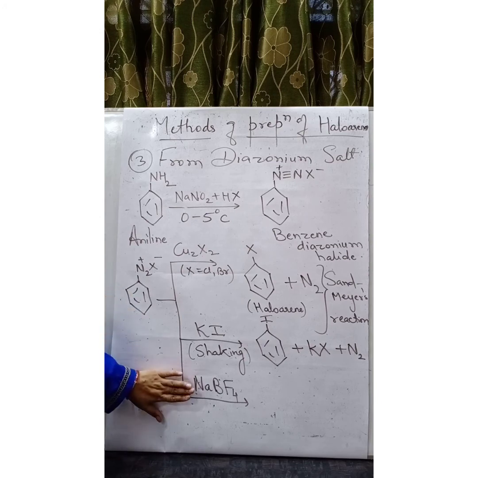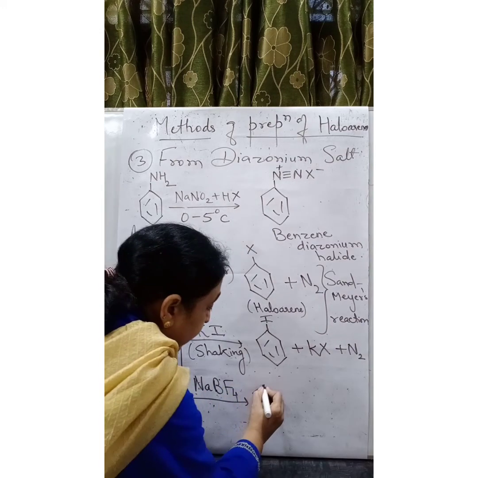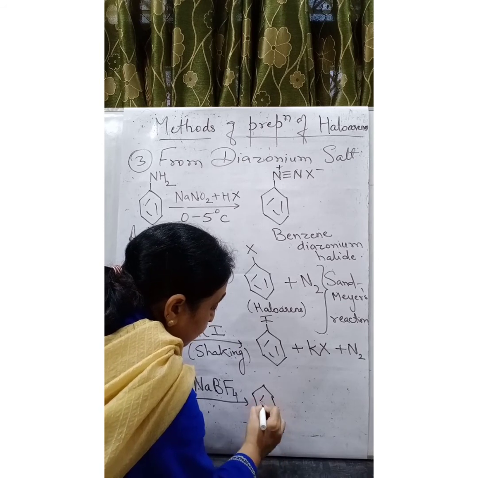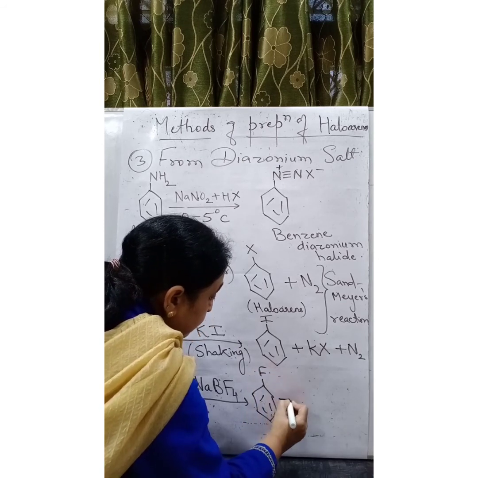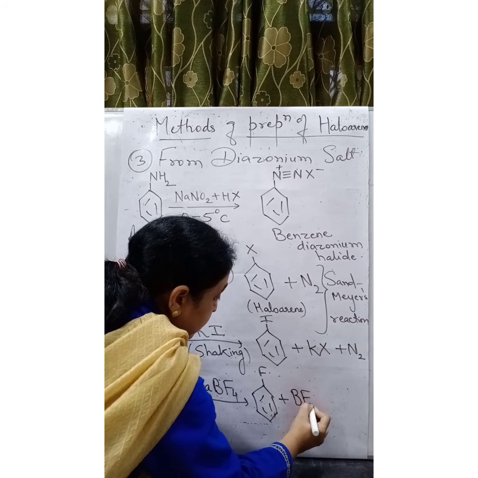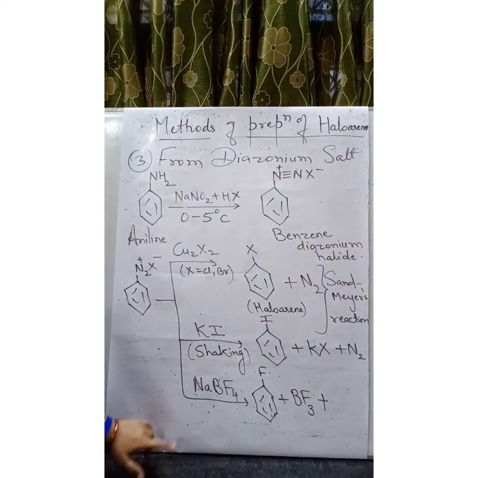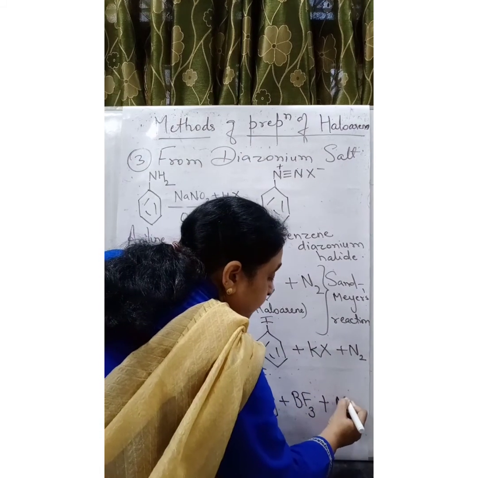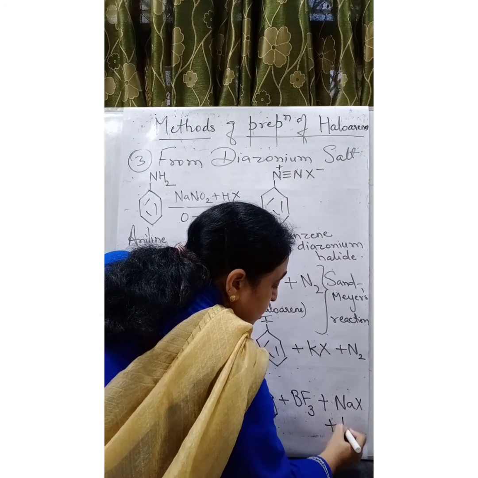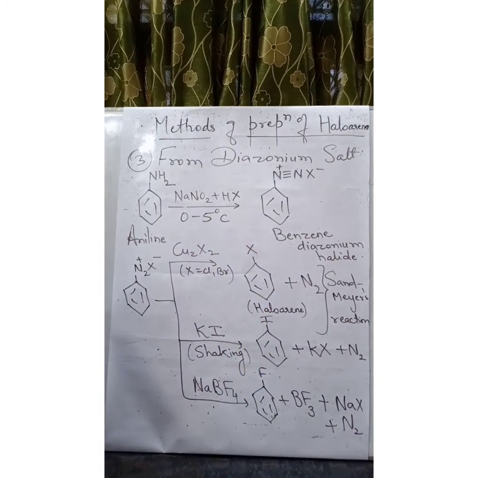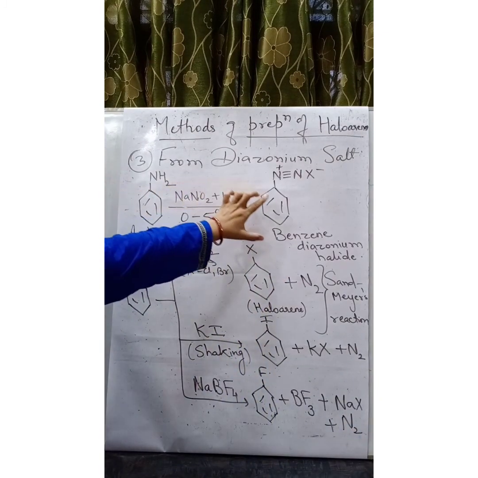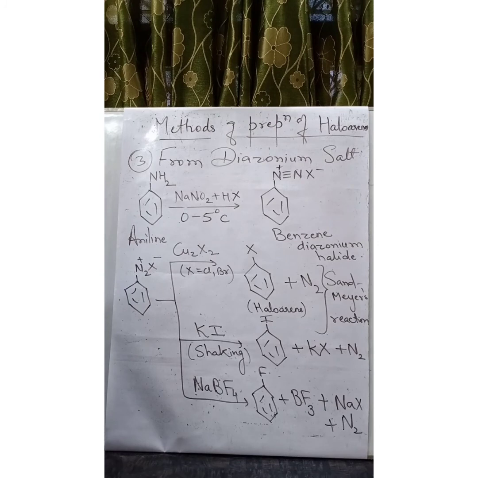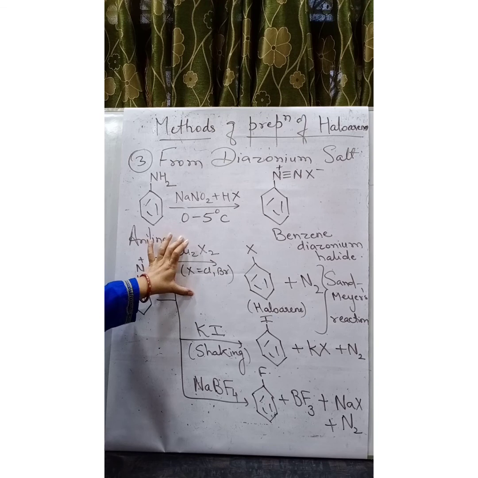When you treat it with this, you get fluorobenzene plus boron trifluoride plus NaX and nitrogen. So all these are byproducts. You can see that using the reactive intermediate diazonium salt, we can prepare chloroarenes, bromoarenes as well as iodoarenes.